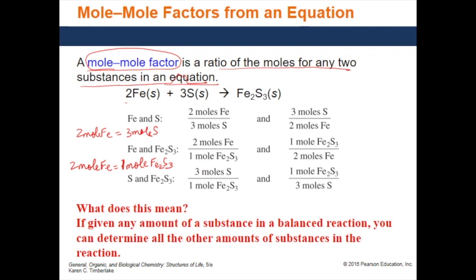Similarly, you could relate sulfur with Fe2S3, which is 3 moles of sulfur are needed to produce 1 mole of iron sulfide. So basically if I know a certain amount of substance for any one of these, I can figure out the amount of the other by using these conversion factors based on the balanced chemical equation, right?